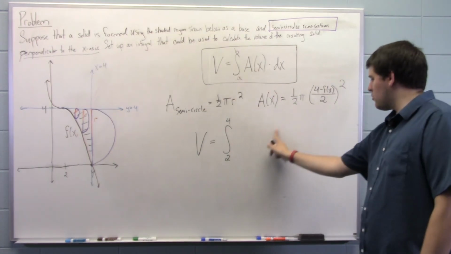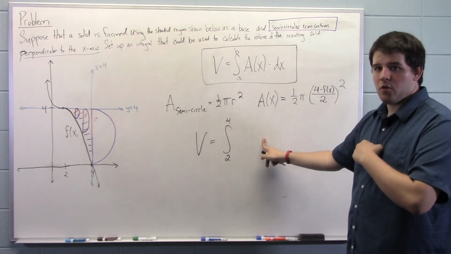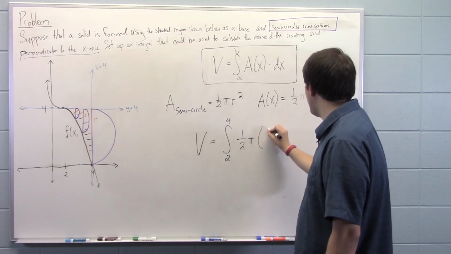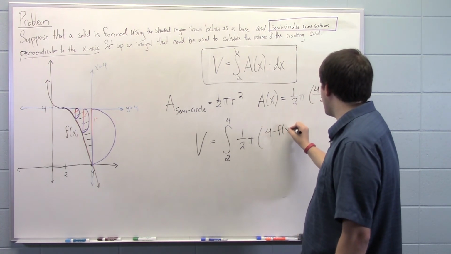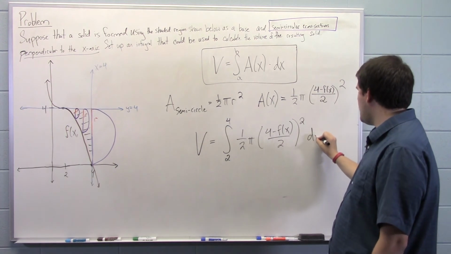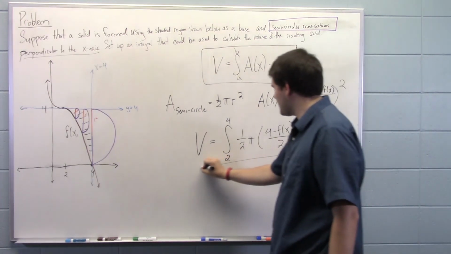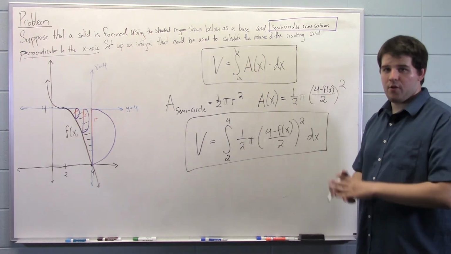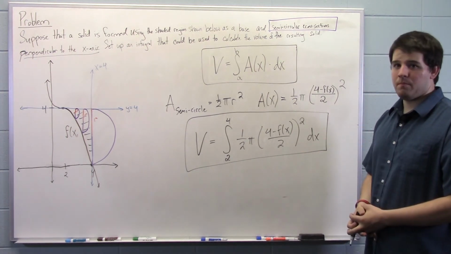And now we just integrate the area function for our cross-sections, which is 1/2 pi times (4 minus f of x divided by 2) squared. And this is all with respect to x. So with that, we have our volume, and we're done with yet another problem.